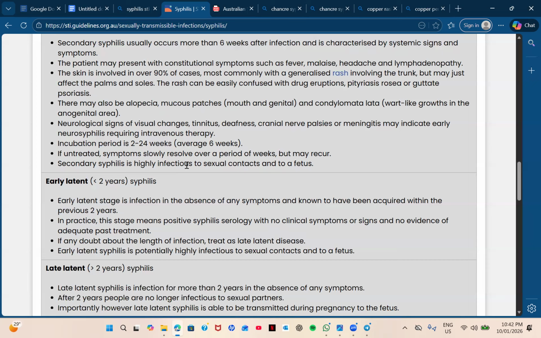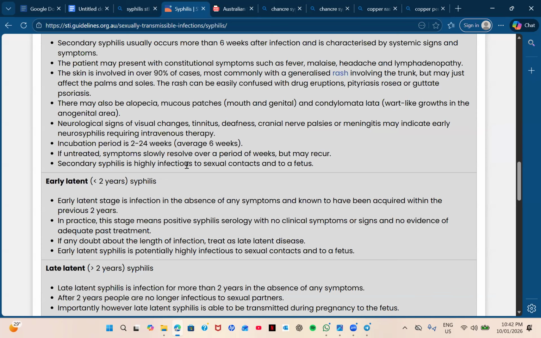Secondary syphilis is highly infectious through sexual contact. So primary and secondary are both highly infectious, right? So you should remember.